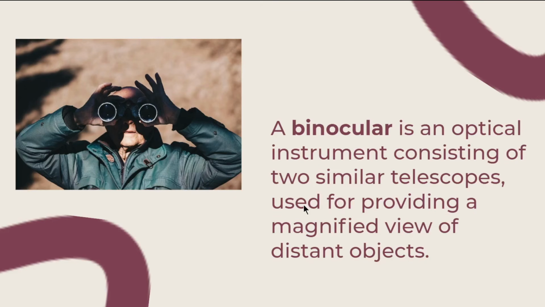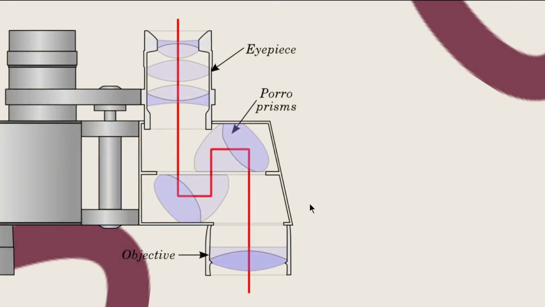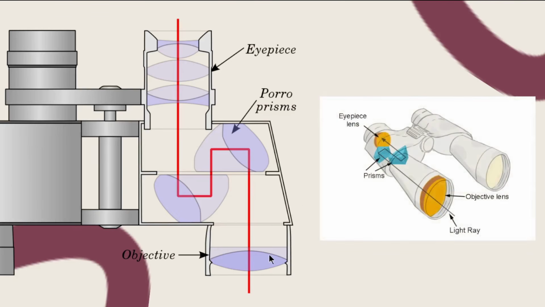So, ano bang itsura ng structure ng binocular? Still, we have an eyepiece lens and an objective lens. But for the binocular, to be able to rotate the image, kasi inverted yung image na maho-form dyan, it needs prisms inside.